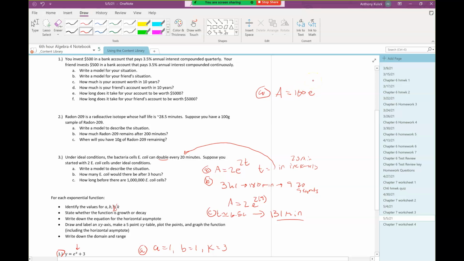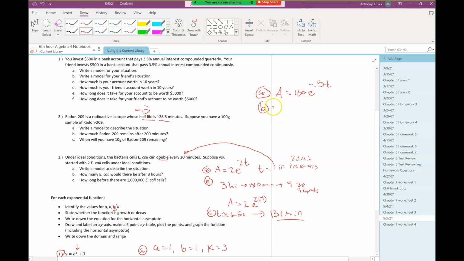The value for r, it's half-life, so that's going to be 0.5. And I know that this is decay, so it's going to be negative. And t is in these 28.5 minute increments, just FYI.